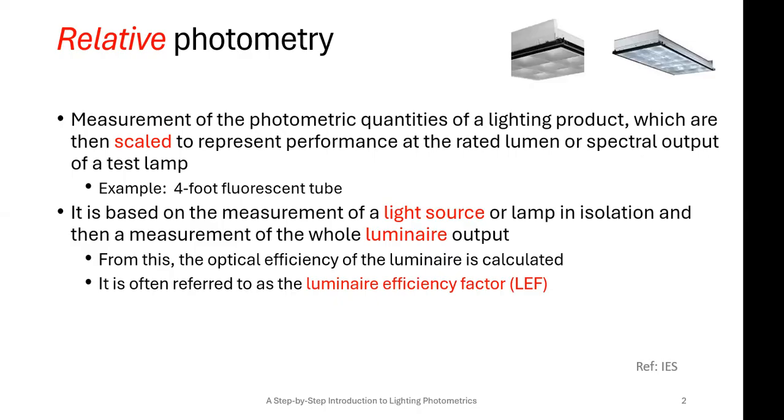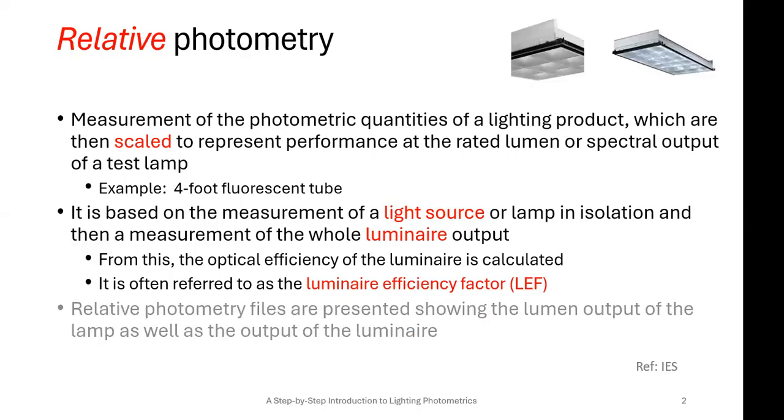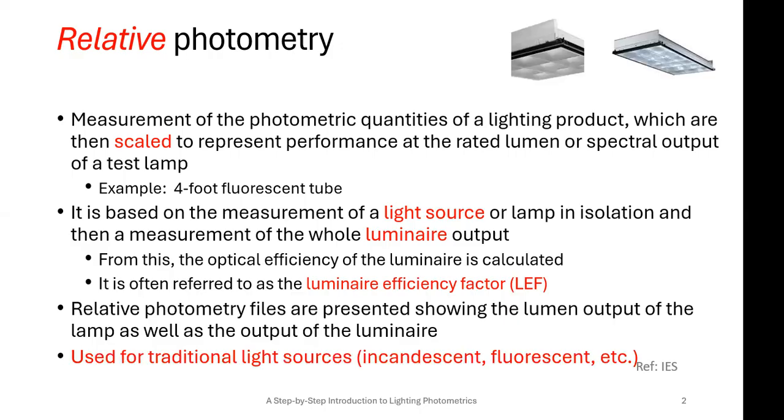So that means 20% is blocked. And then relative photometry is basically presented showing the lumen output of the lamp, again broken away, as well as the output of the luminaire. So that's in a relative photometry report. And this is very common, what we use for our traditional light sources: incandescent, fluorescent, HID, etc.